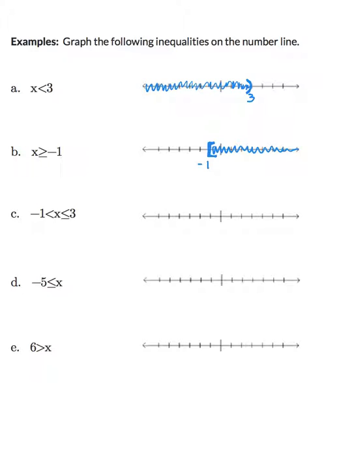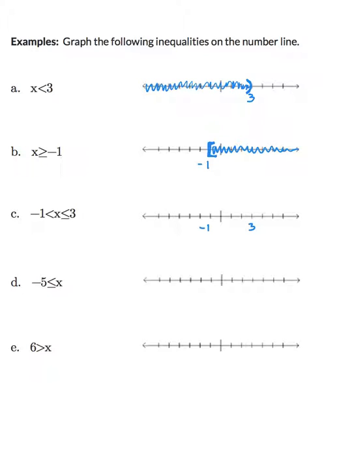Okay, the next example, this is a 3-part inequality. And so for the 3-part inequality, we're going to label both critical numbers on the number line. So we have negative 1, which is 1 to the left, and we have 3, which is 3 to the right.